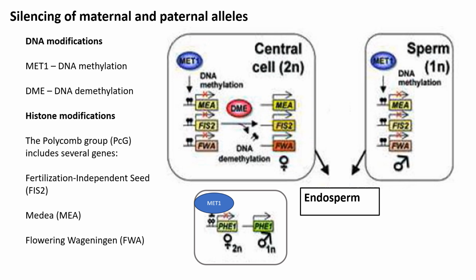So these genes which come from the paternal parent are methylated by this MET1 DNA methyltransferase. On the other hand, Demeter demethylates or prevents methylation of the female alleles of these genes. The maternal alleles of the MEA, FIS2 and FWA genes are therefore allowed to be expressed in the endosperm.